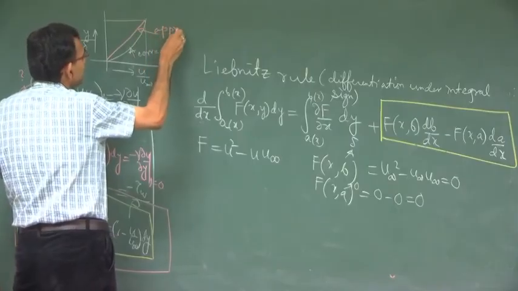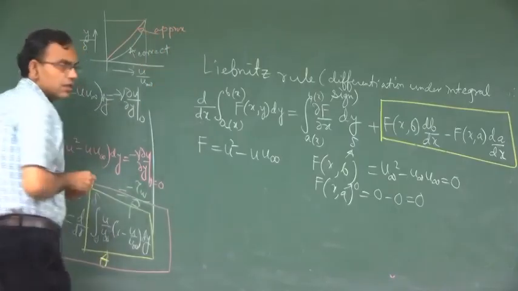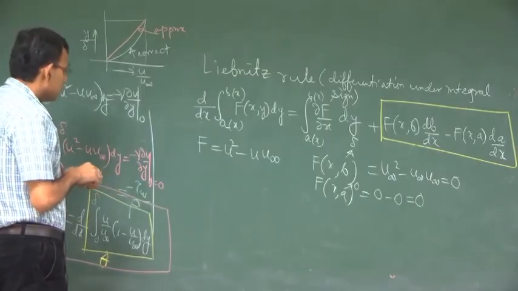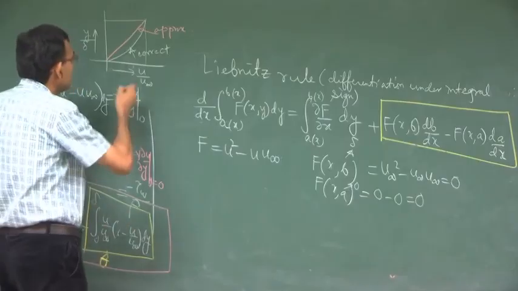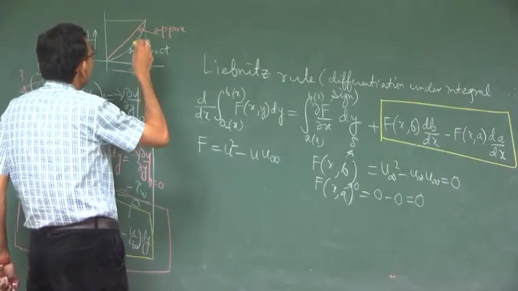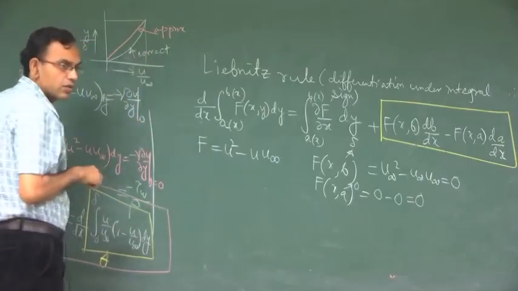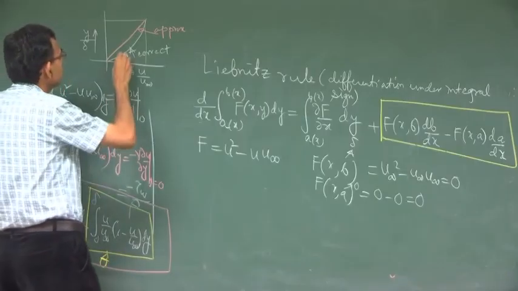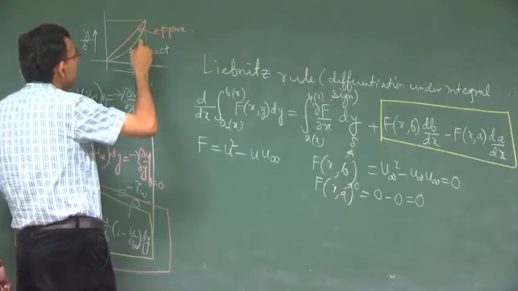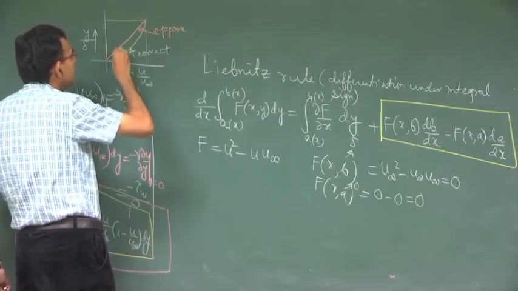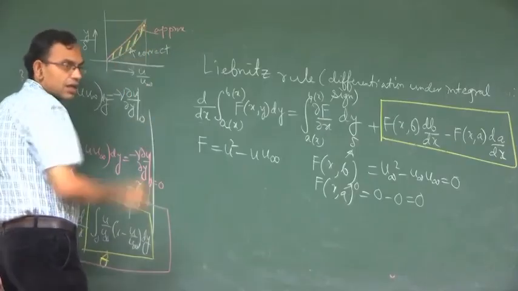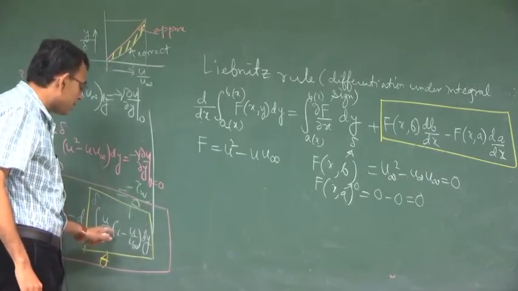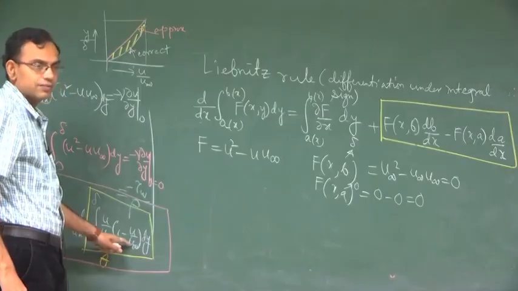The difference in the functions is there, but the integral essentially talks about the area under the curve. So, the difference between the area under this curve and area under this curve is this much, and actually that is a little bit compensated because you are multiplying that with 1 minus that function.